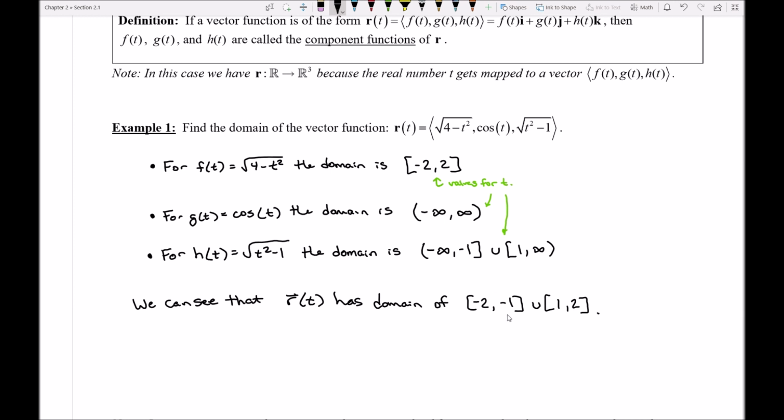These are the acceptable values of t to try to input into our vector function. So it's slightly more complicated than just finding the domain of a regular old function that we would have looked at back in an algebra class or Calc 1 or Calc 2, but ultimately it's the same basic idea. We just have to look for that overlap between the different component domains.